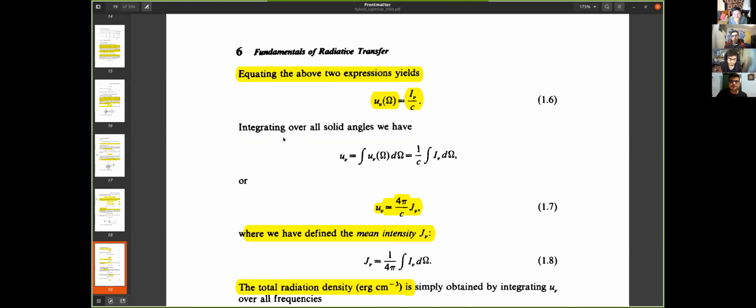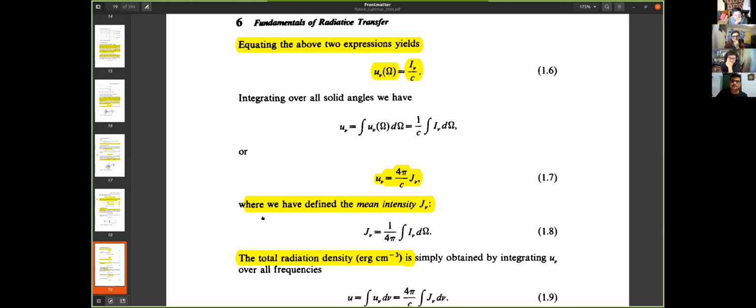And if we want to calculate the specific energy density across all solid angles, then we have to integrate. He has done the same here, and afterwards he has replaced this u in terms of omega with the expression that is here in 1.6.